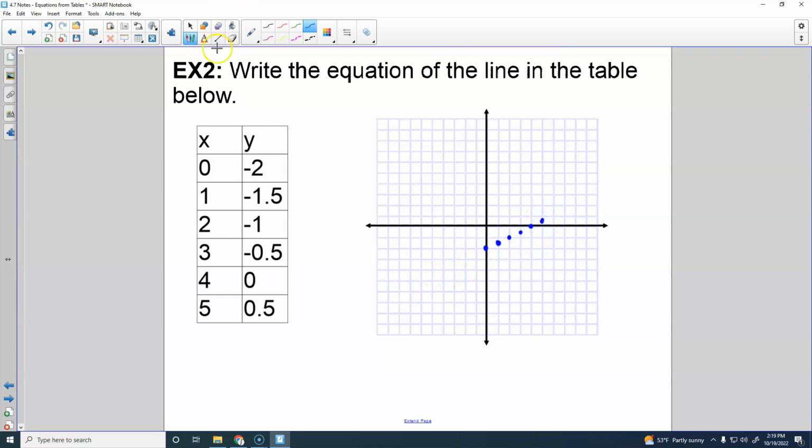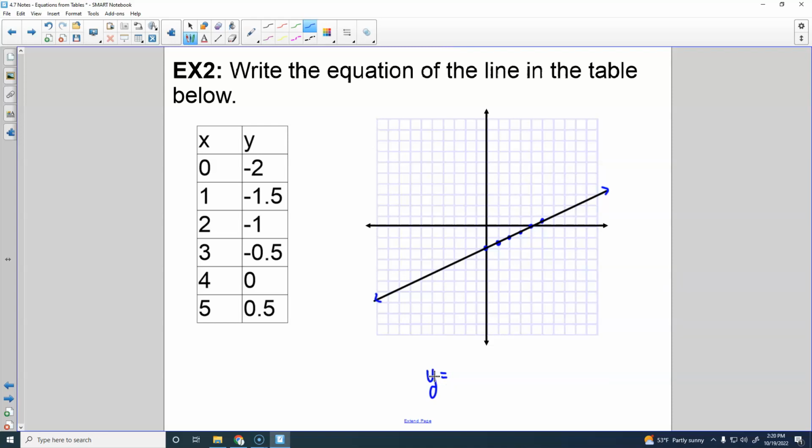So if we draw our line in here, here's what we've got. Okay, so if we graph this, then we can think about what our equation is going to be.